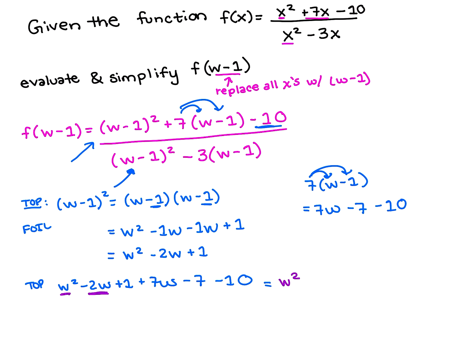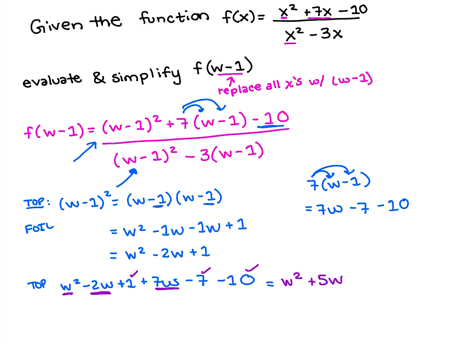But then we have minus 2w plus 7w. So we can grab our calculator. Negative 2 plus 7 is going to give us 5w. And then for our constants, we have 1 minus 7 minus 10. So I'm going to plug in 1 minus 7 minus 10 is going to give me negative 16. So there's the simplified numerator. W squared plus 5w minus 16.